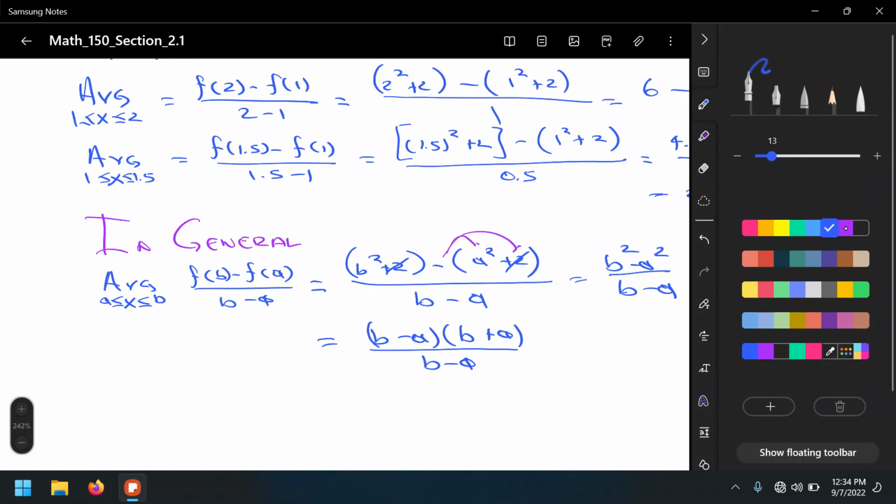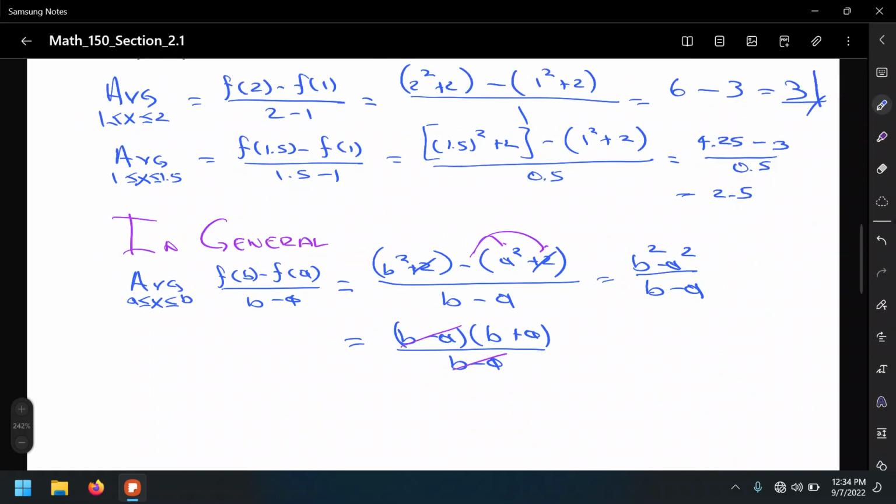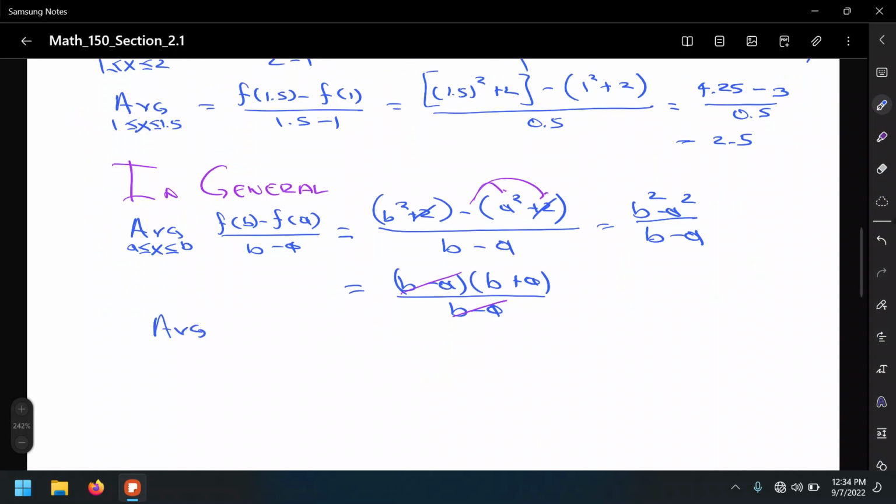We can cancel out the b minus a's, and the average rate of change between x equals a and b is simply b plus a. So instead of doing all these calculations as f of b minus f of a over b minus a, all we can do is add b plus a. Okay, let's see if it works.